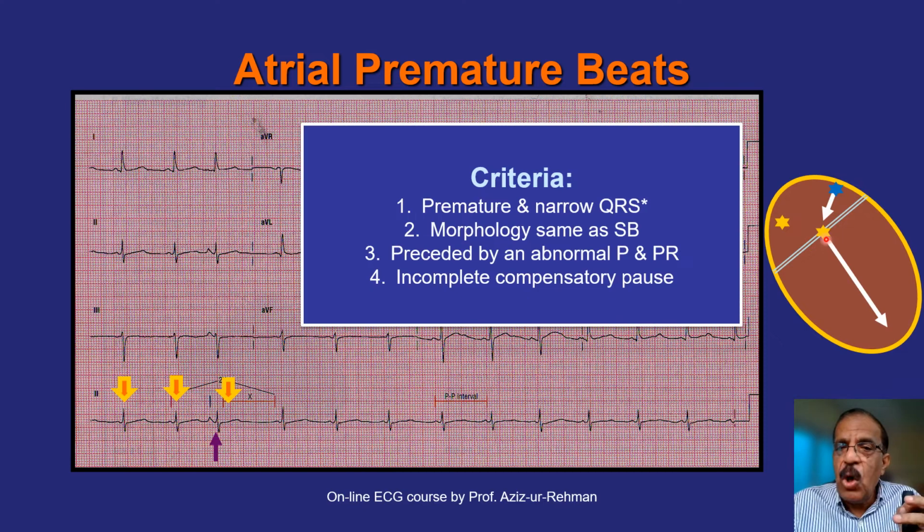Then once beyond the AV node, the current flows in exactly normal fashion. That is why the QRS complex is exactly normal, as we see in this particular patient, in this particular ECG, in SA node activity. I hope this was clear. Let's move on.